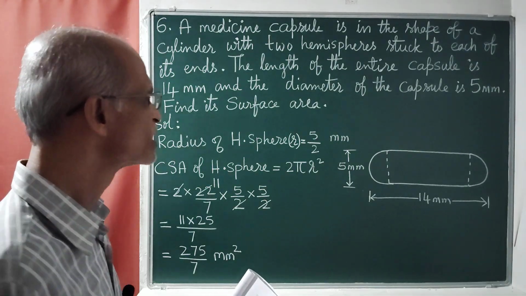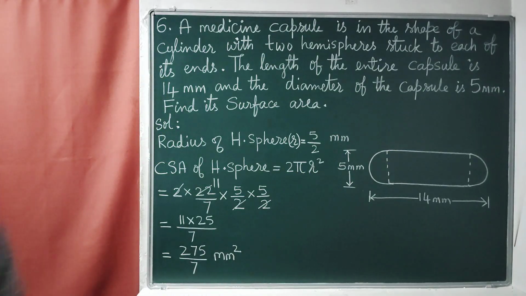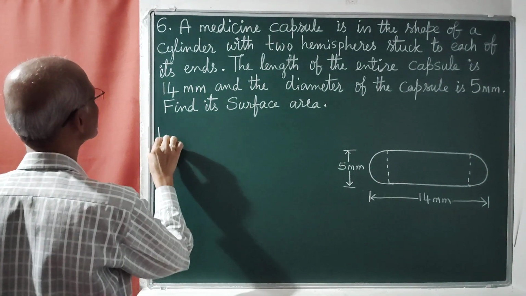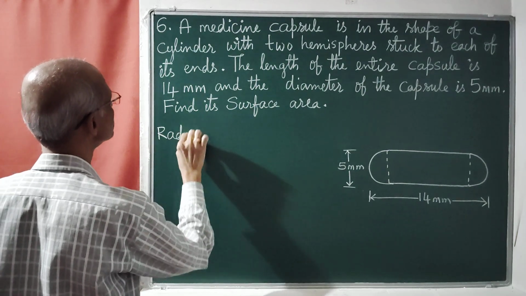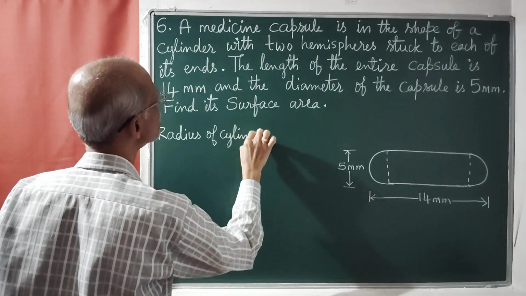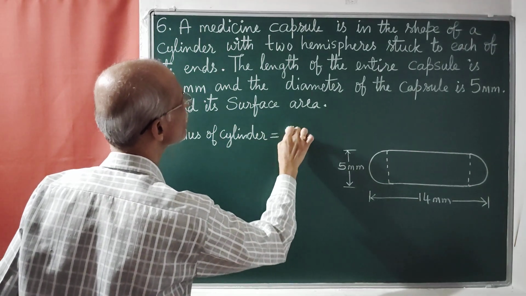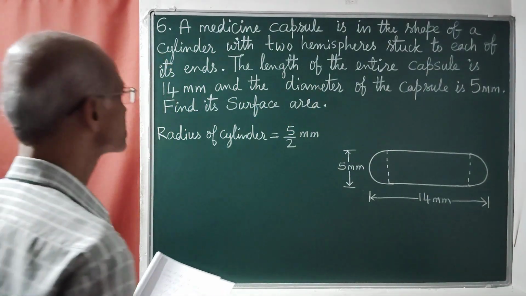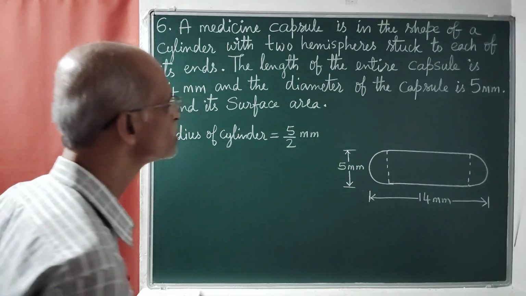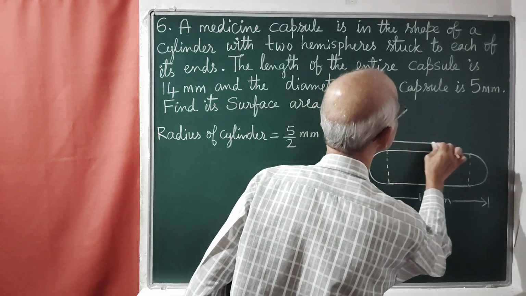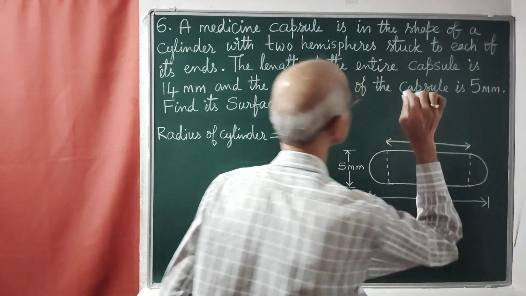Now we will find the CSA of the cylinder. Radius of cylinder is equal to 5 by 2 millimeters. To find the CSA, we require the height of the cylinder. Height means this distance. We require this distance.